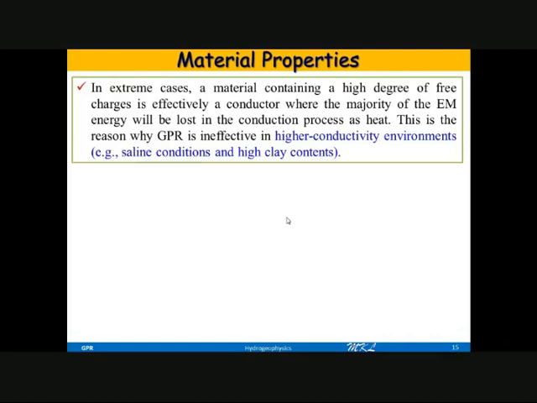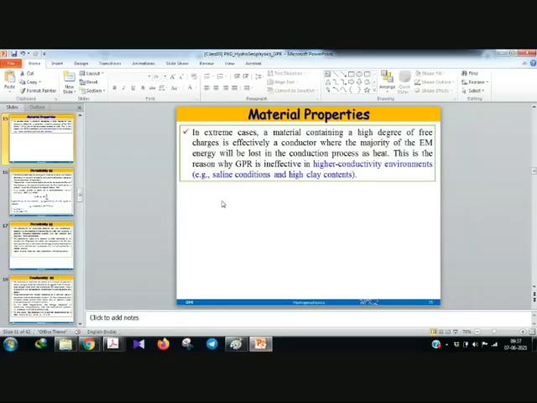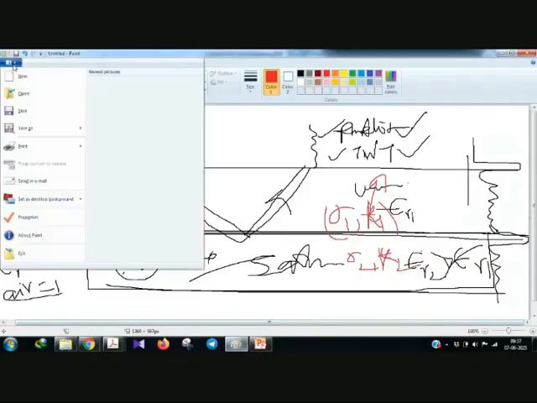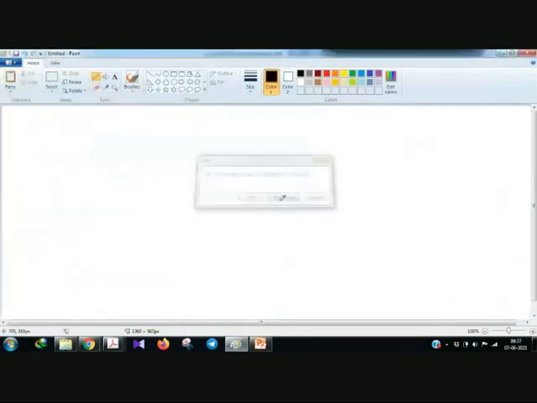Now, in extreme cases, a material containing a high degree of free charges is effectively a conductor, which attenuates the electromagnetic energy. So, about the dielectric constant, let me give you an idea about the conductor and the dielectric.